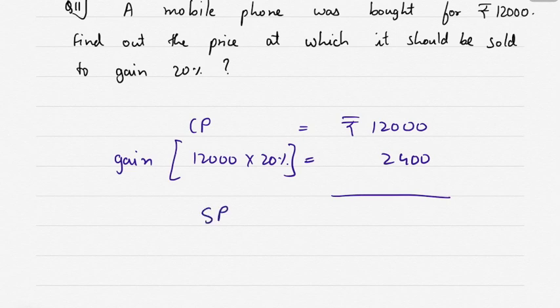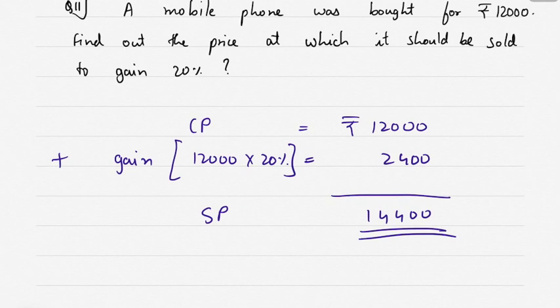Okay. That means selling price would be 14,400. That is asked. A mobile phone was bought for 12,000. Find out the price at which it should be sold. That means you have to find selling price, and gain is 20%. Selling price is equal to cost price plus gain, correct?